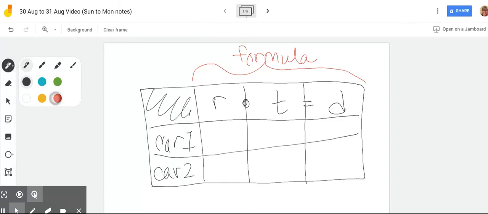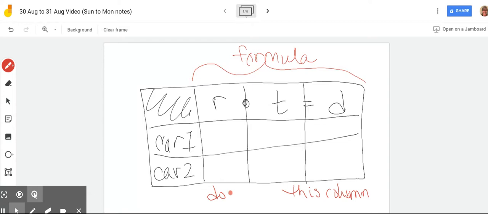But here is the most important part. I'm going to put it in red, maybe a little thicker. The D column, actually the easiest way to say this, do not fill this column with info from the problem.